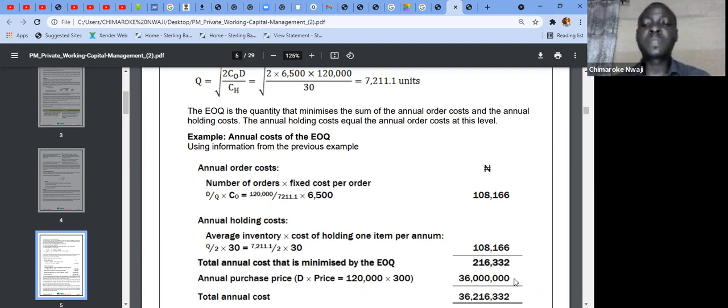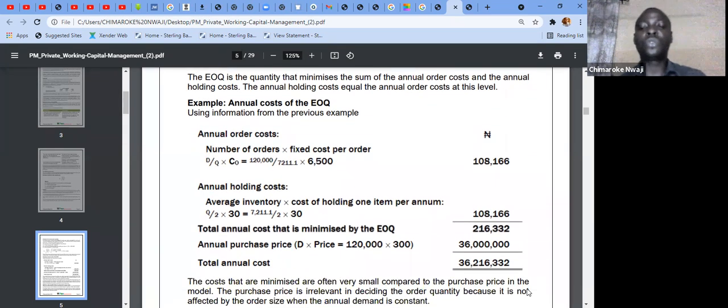It means you are spending 36 million. So your total annual cost will be your purchase price plus your ordering cost plus your holding cost, all giving you 36,216,332. That is your total annual cost.